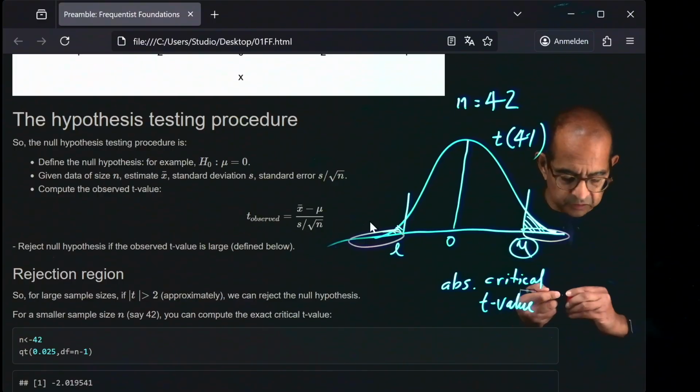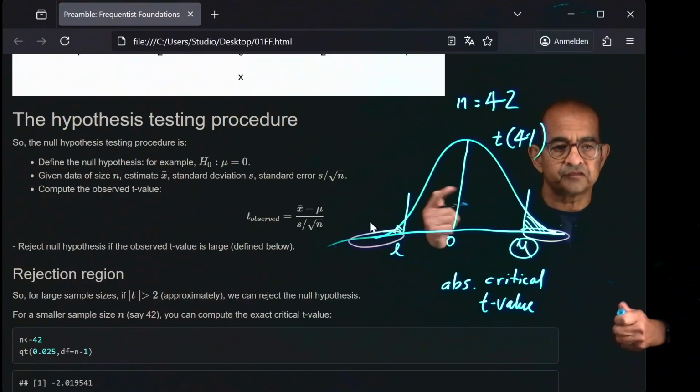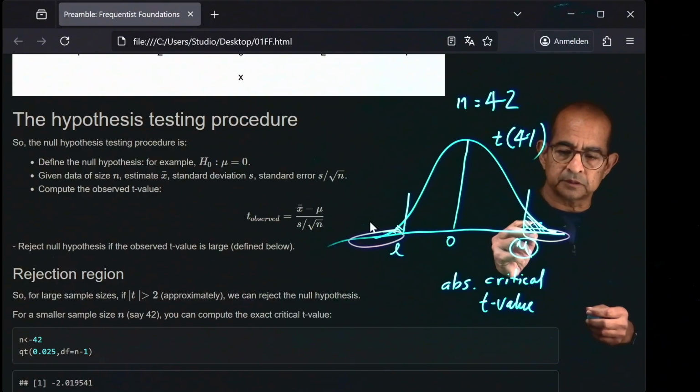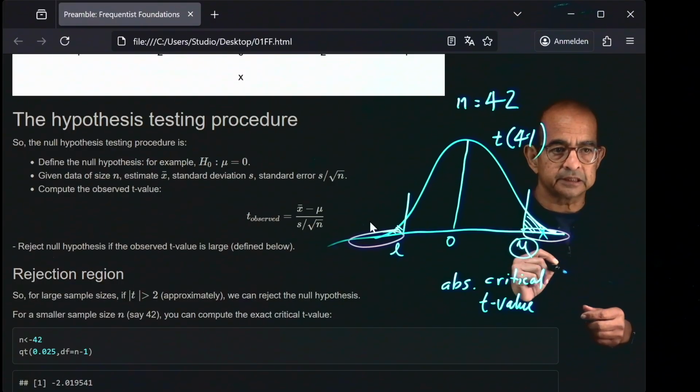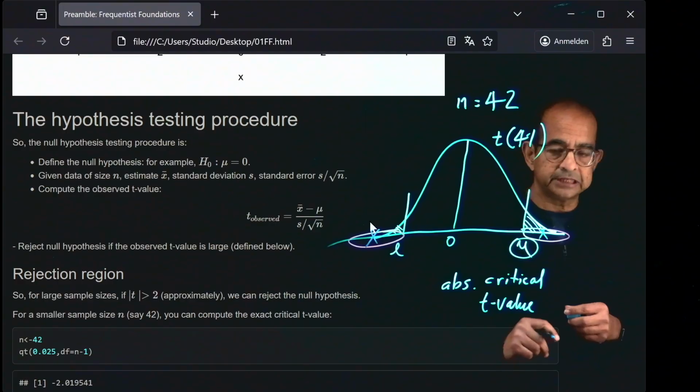The upshot of all this is that once I have computed my observed t-value, if the observed t-value lands in this rejection region or lands here, I would reject the null.